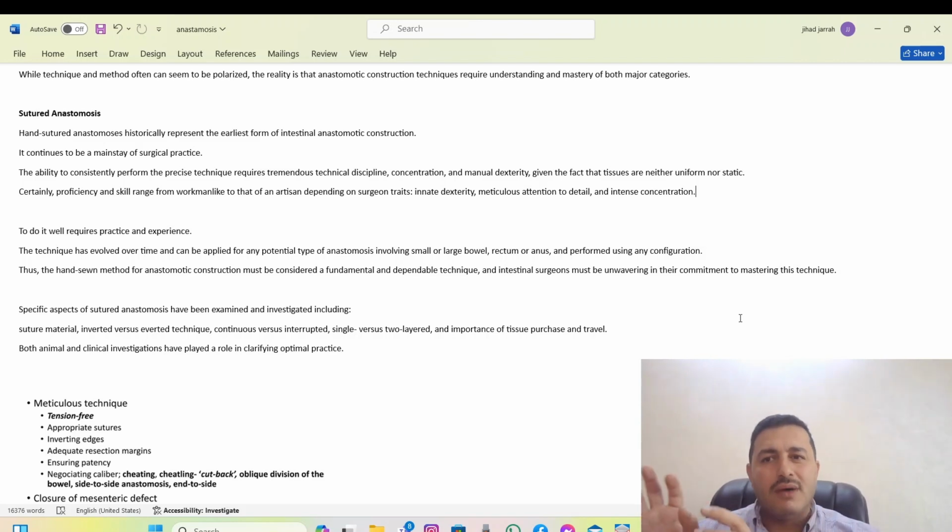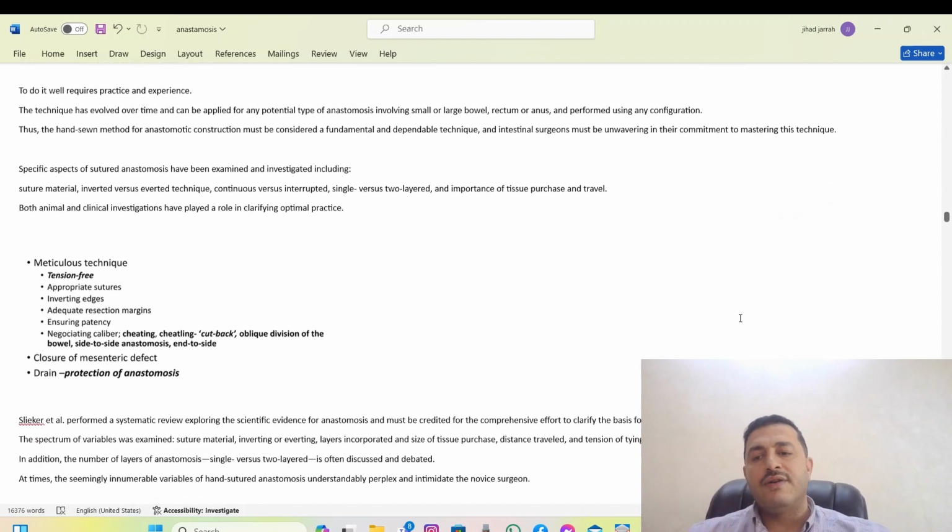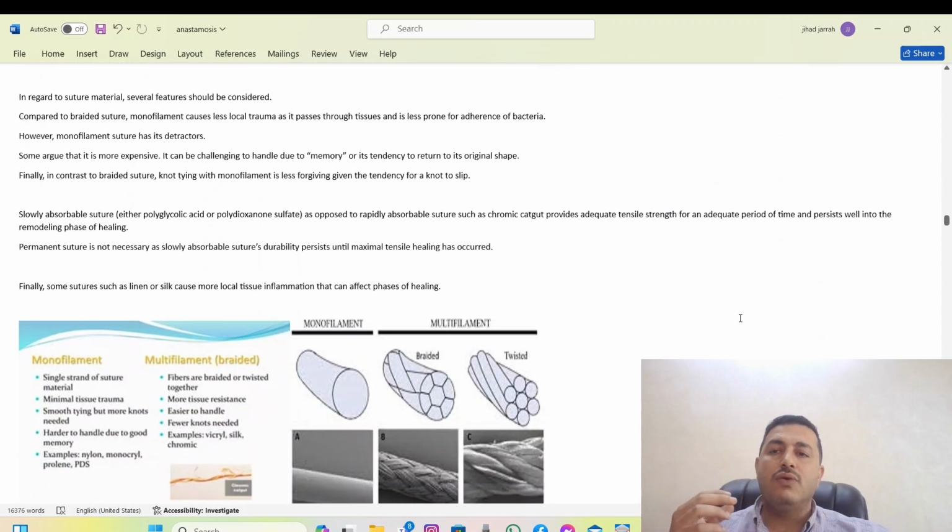If you want to talk about each parameter apart from the other, if we are talking about the sutures, let's remember first that finally, when we create an anastomosis, the maximum tensile strength will be reached.